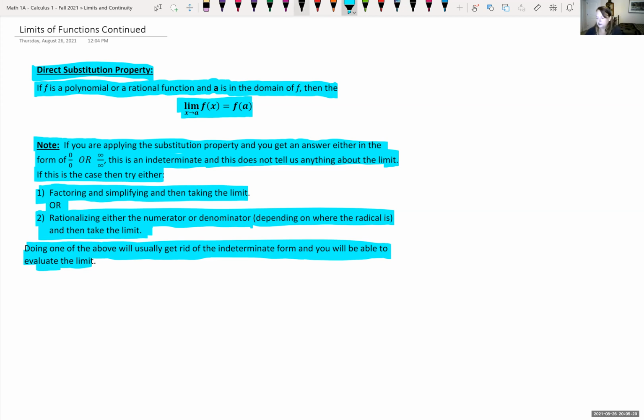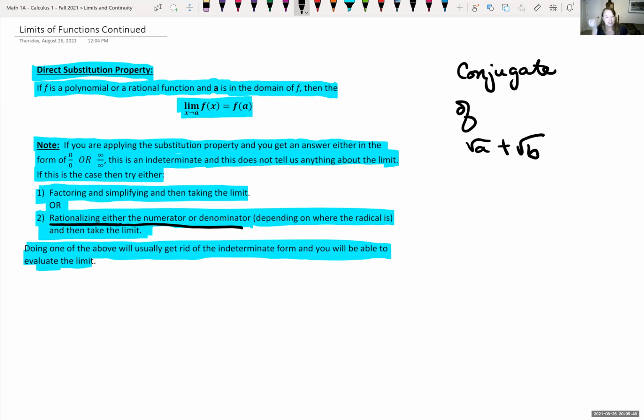So let's go through and get some examples done. Just before I do that, just in time remediation, just in case you don't remember what it meant to be rationalizing either the numerator or denominator. Remember the conjugate of, let's say, the square root of A plus the square root of B was just changing the sign in between your two terms.